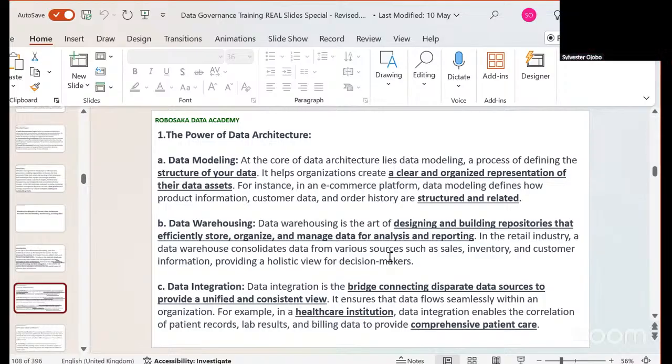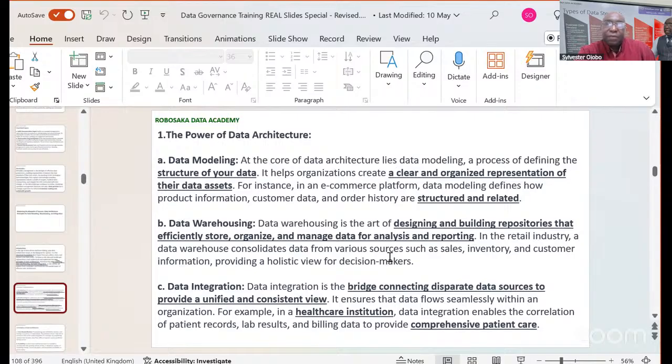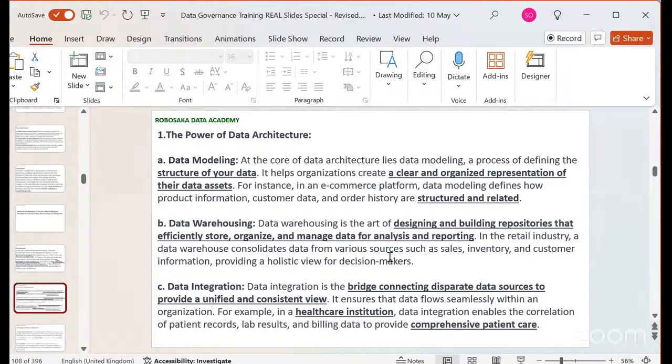Okay, it's a very, very good concept. If you have a concept, you put it in the middle, and you begin to say, for example, if you want to cook, do you know cake? Yes, sir.